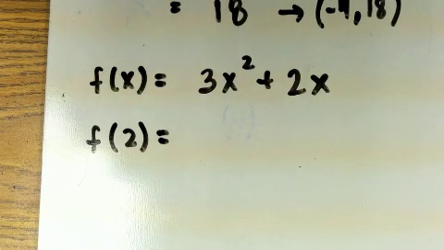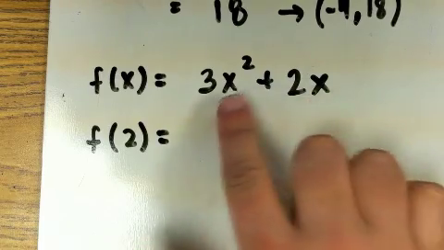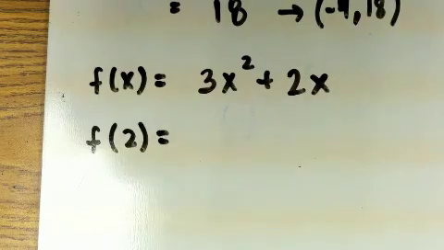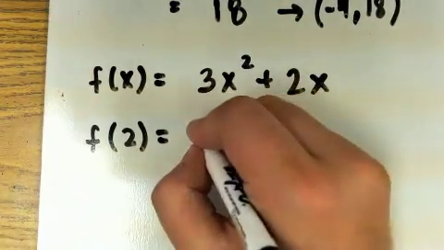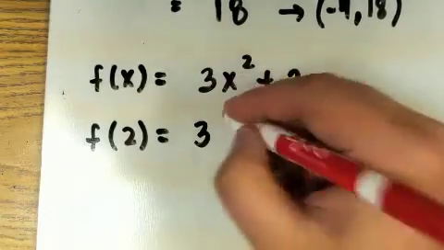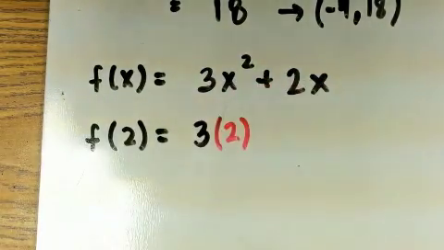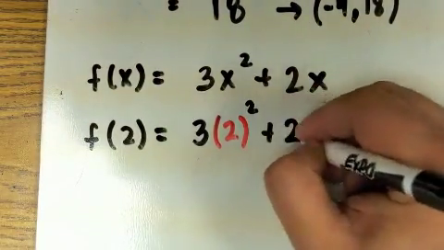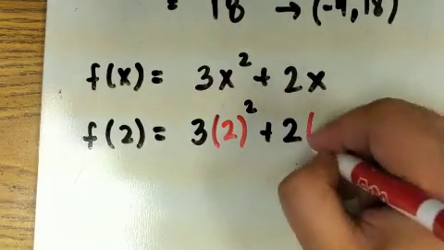How many times actually am I going to make a substitution? Hopefully you're thinking to yourself 2, because there are 2 x's here, meaning there's one right here and one right here. So essentially I'm going to have 3 times, plugging in that 2, plus 2, again, always use parentheses whenever you plug in, guys.